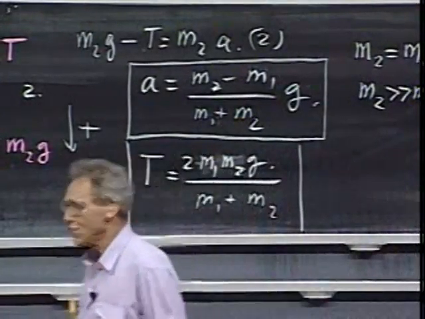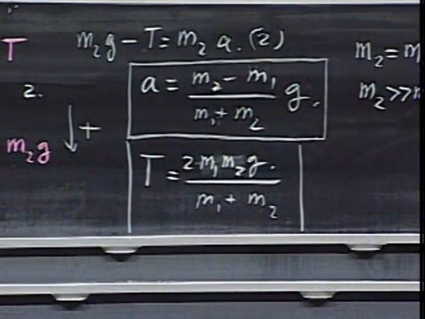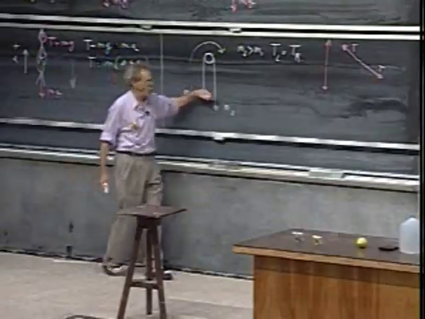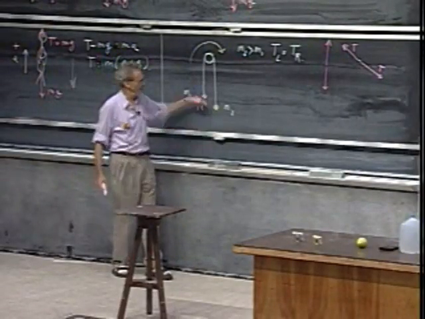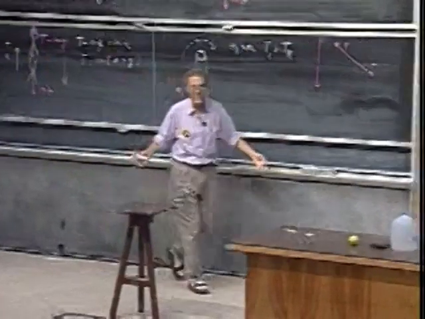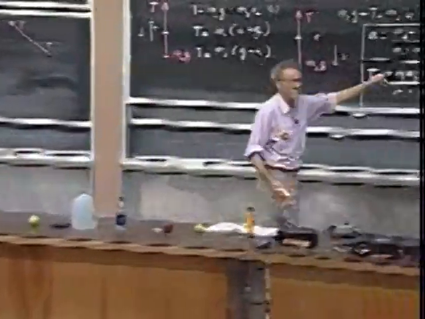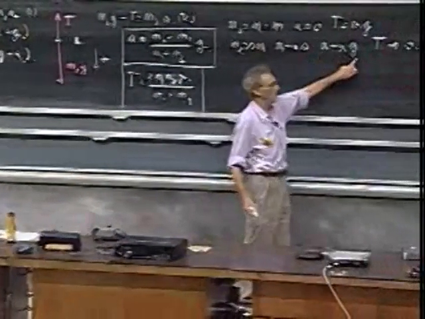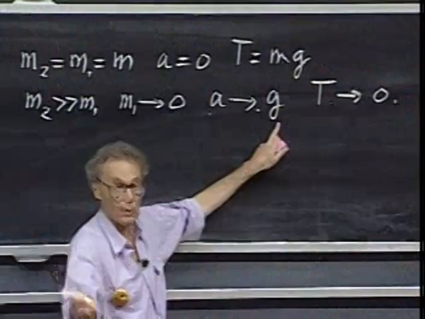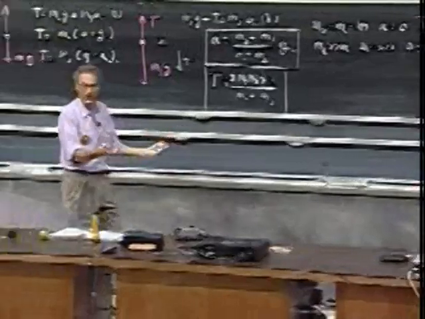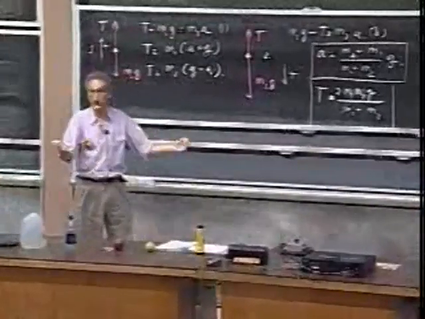If m1 is 0, T goes to 0. That is obvious, because if I make m1 0, m2 goes into free fall. And if m2 goes into free fall, its weight is 0, and so the tension is 0, and that's exactly what you see. And you see that the acceleration of that object is g, which it better be, because it's in free fall. So you see, this makes sense. This is exactly consistent with your intuition.